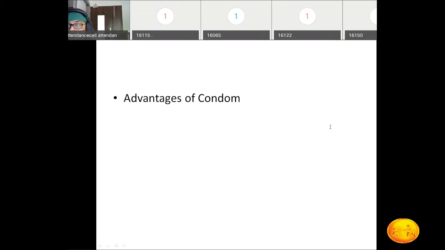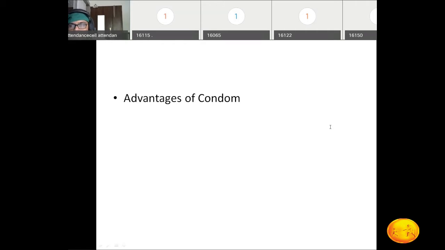What is the cause of CA cervix? Yes, HPV, human papilloma viruses, are the culprit for CA cervix, and HPV is a sexually transmitted virus. And that's why those couples who are using barrier methods are protected up to a certain extent by condom. Right?